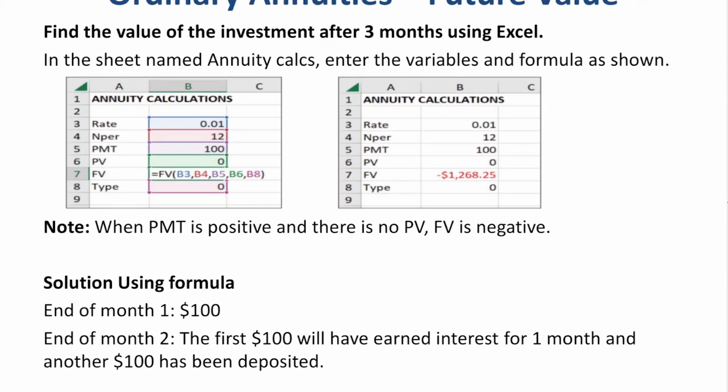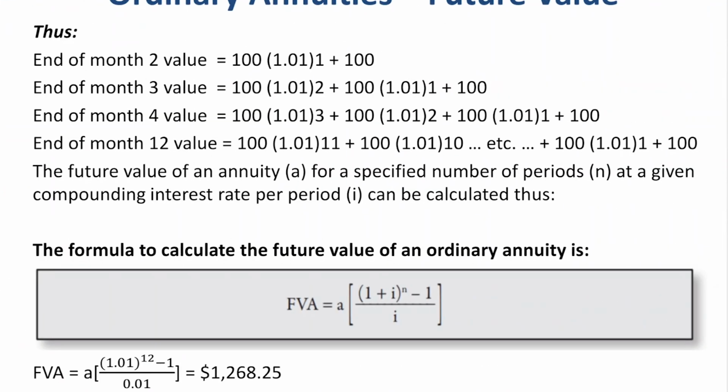Instead of using an Excel spreadsheet, let's use the formula. So the end of period 1, month 1, is 100. The first 100 will earn interest for 1 month, and another 100 will then be deposited. So by looking at the formula, A is equal to $100. So $100 times 1 plus 0.01, that is 1%, to the power of 12 periods, minus 1, divided by I, which is 1%.